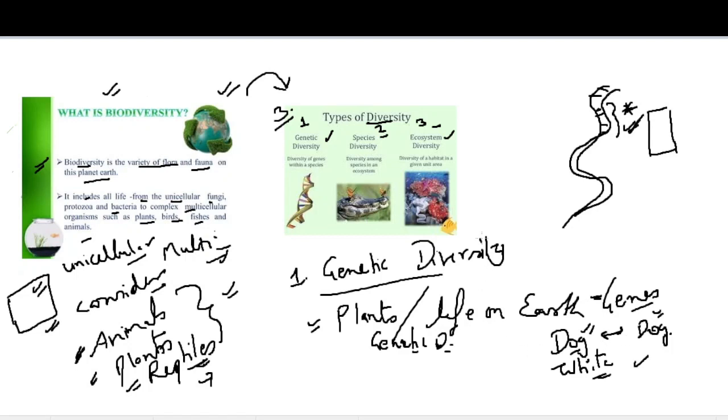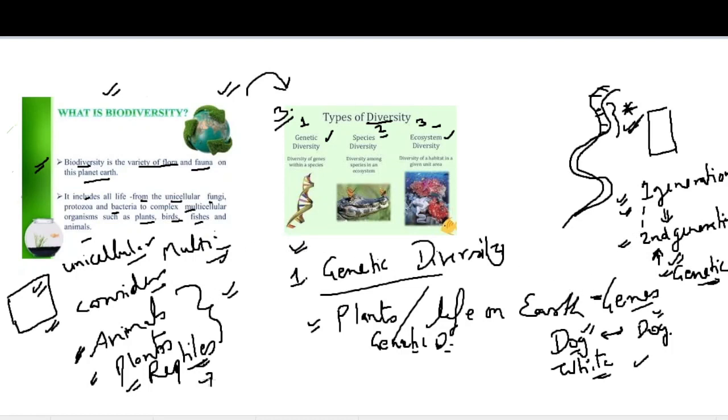You can also consider a first generation, whether of an animal or a plant, which gives rise to a second generation by reproduction. It transfers its genes and DNA to the second generation, but still the second generation is different from the first at the genetic level. Some of the genes will be different. This is called genetic diversity.